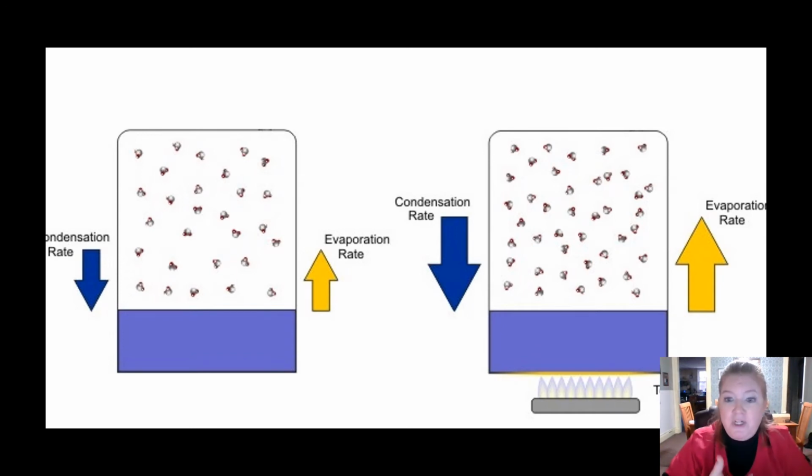So the evaporation is occurring faster and the condensation is occurring similarly faster. So we can have a phase equilibrium between a liquid and a gas, between a solid and a liquid, between any states of matter that can coexist at the same temperature. But what will happen is as quickly as one is changing from, say, a liquid to a gas, we have the same amount that would be changing from a gas back to a liquid.